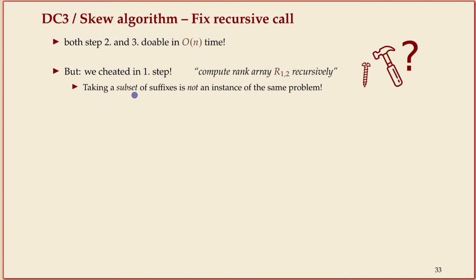The overall problem was, here's a string, sort its suffixes, or more specifically, here's a string, give me the rank array that tells me for each suffix its rank. That was the original problem. That's what we're solving. But now I'm trying to call the algorithm recursively on, here's a string, take all the indices not a multiple of 3 and sort those. That's not quite the same.